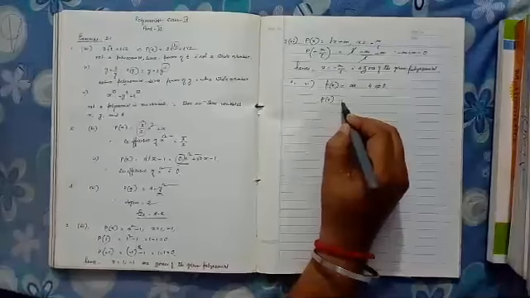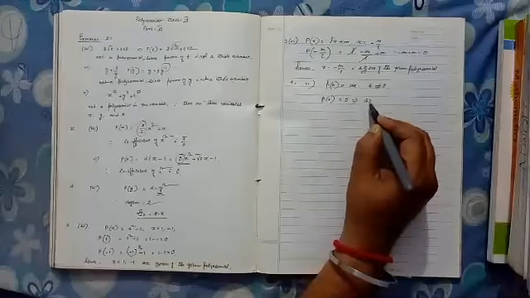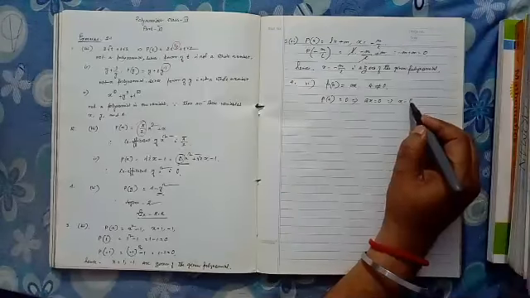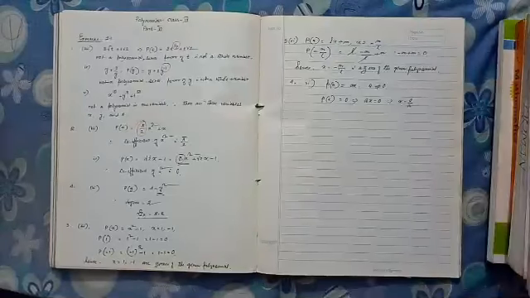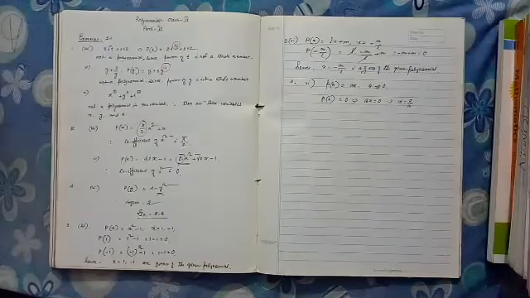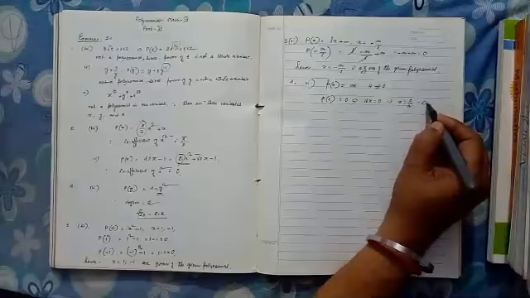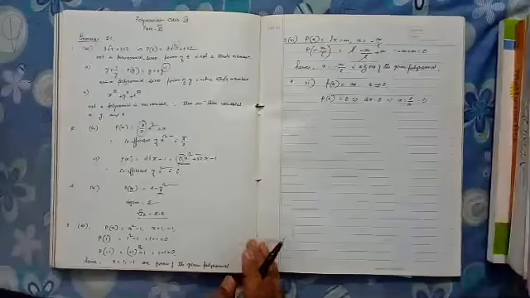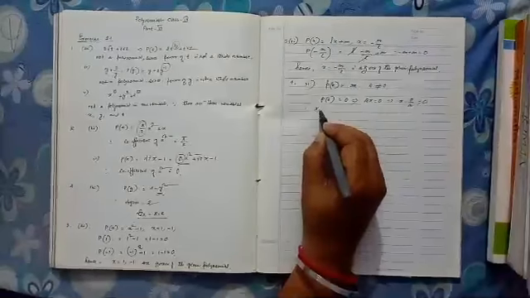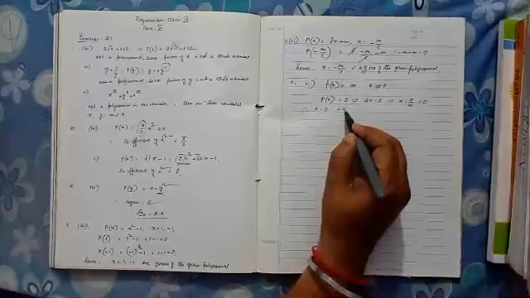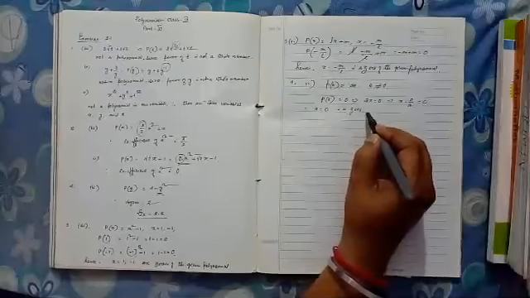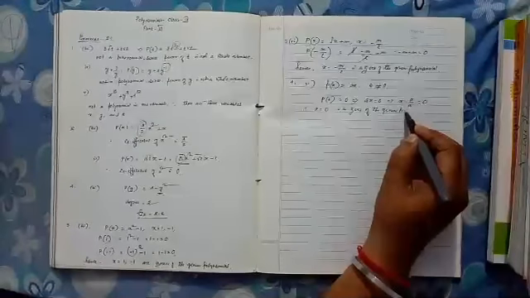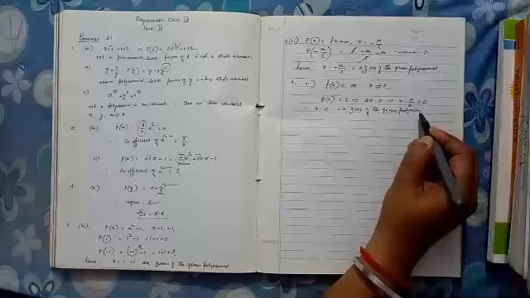So here p of x is equal to 0 implies ax is equal to 0, implies x is equal to 0 by a. X is equal to 0 by a, that is equal to 0. So what is the 0 of the polynomial? Therefore x is equal to 0 is a 0 of the given polynomial.